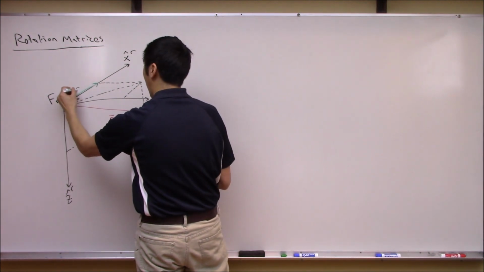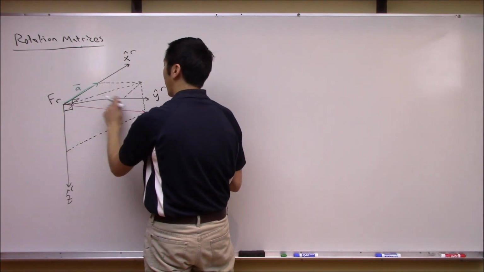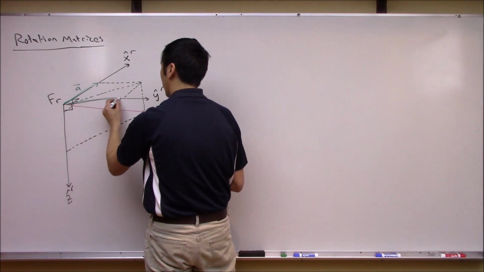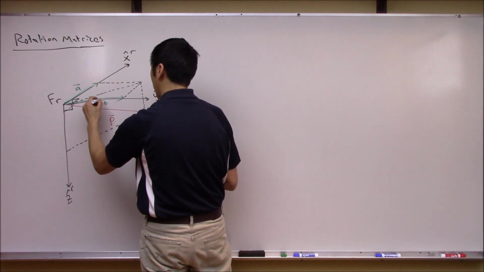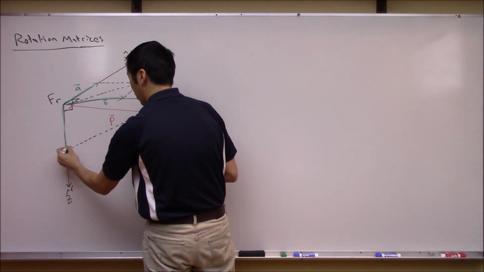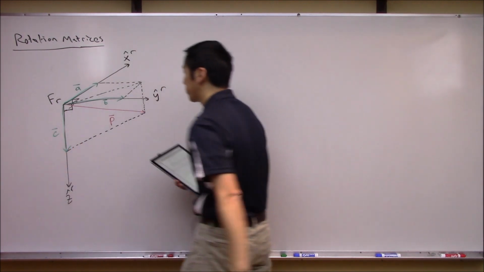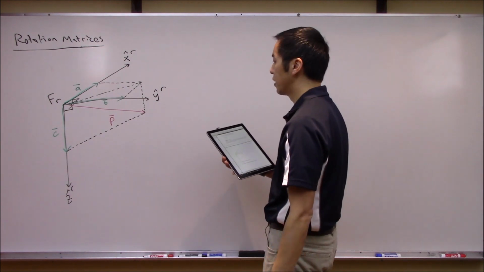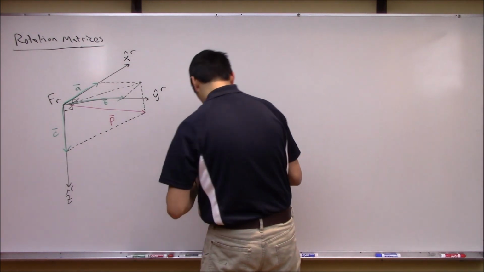Let's call this vector a. And then I'm going to draw a vector b, which goes along the y-axis like this. Let's call this vector b. And then finally, a vector that goes along the z-axis like this. And let's call this vector c.